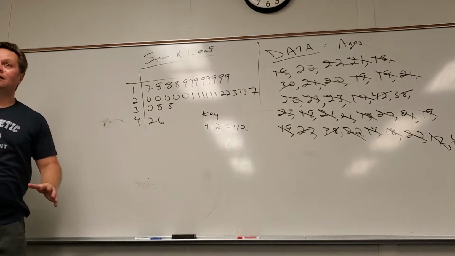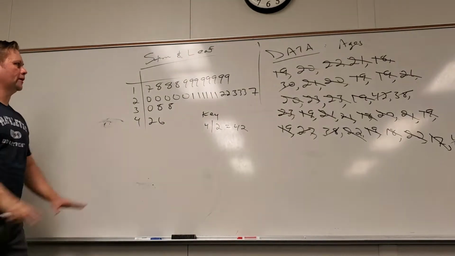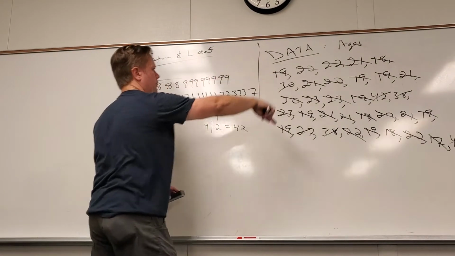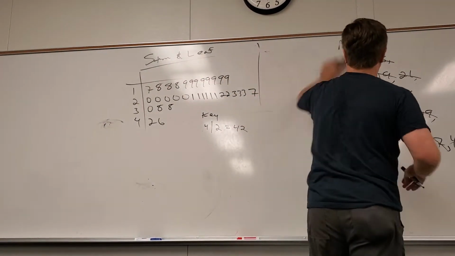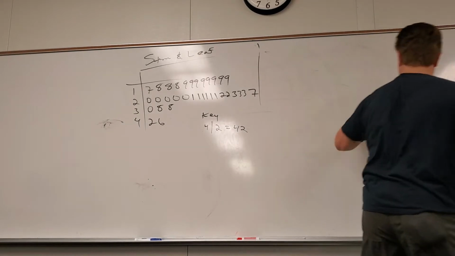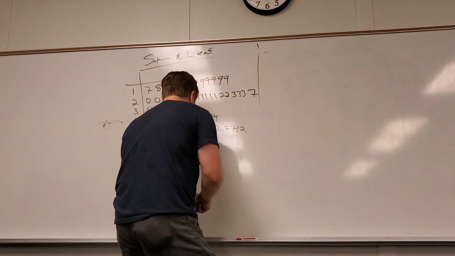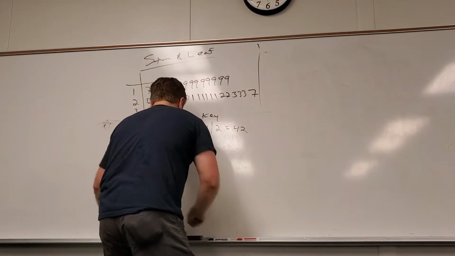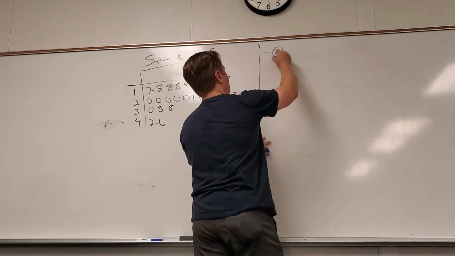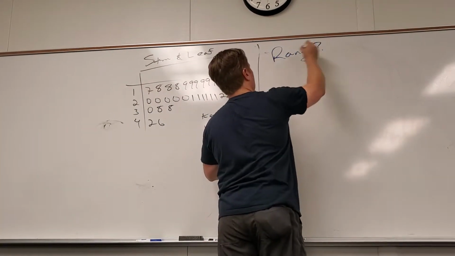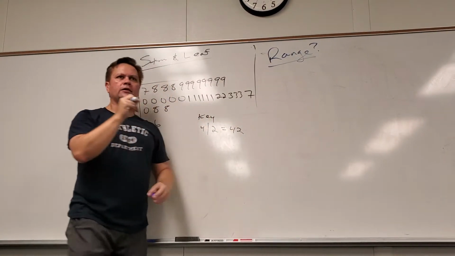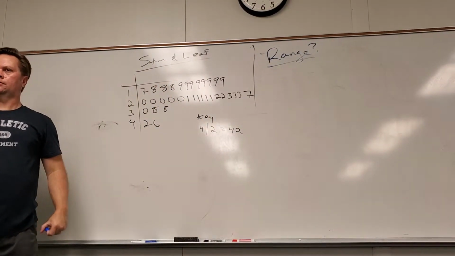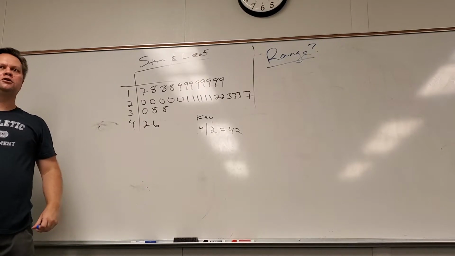All right. So I'm going to take this away because it's really messy. And here's my data here. Can somebody tell me, what's your gut tell you is the range of this data? The range is a number.